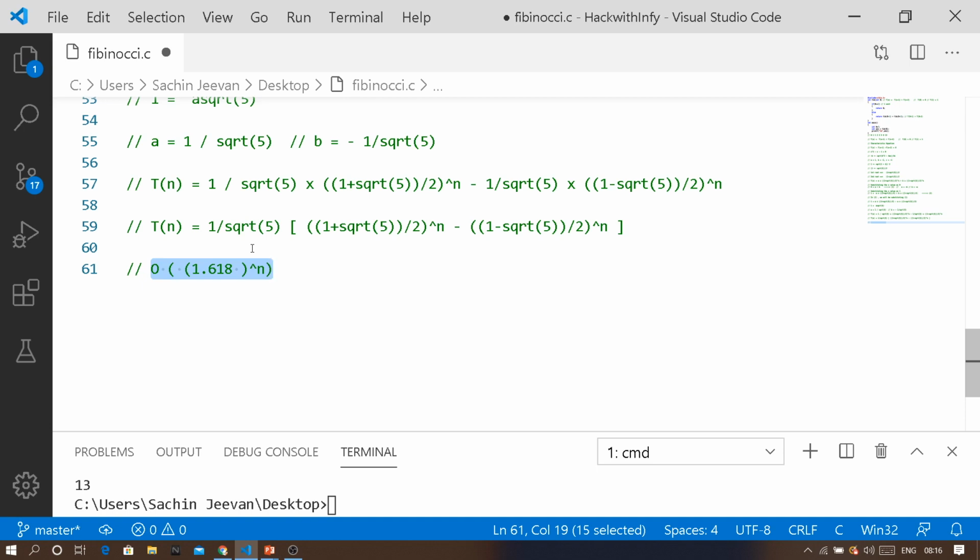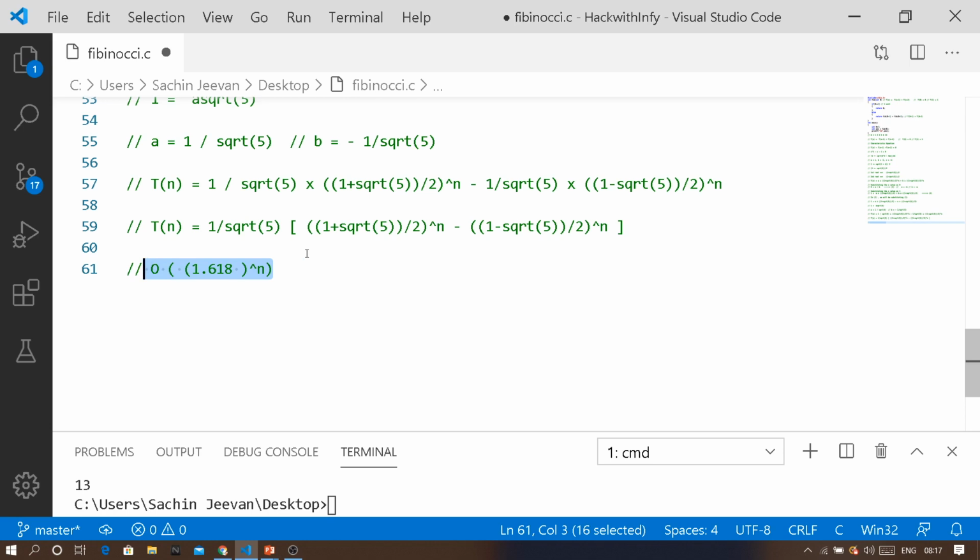But none of the websites have provided this derivation. I have provided the detailed solving method and found the time complexity of the Fibonacci number as order of 1.618 the whole power n, which is approximately equal to order of 2 power n. But exactly, it is order of 1.618 the whole power n.